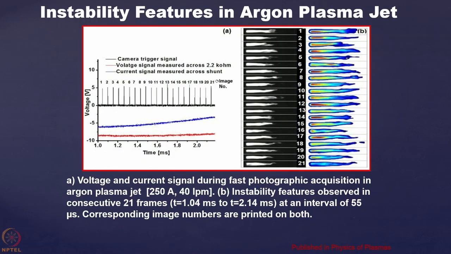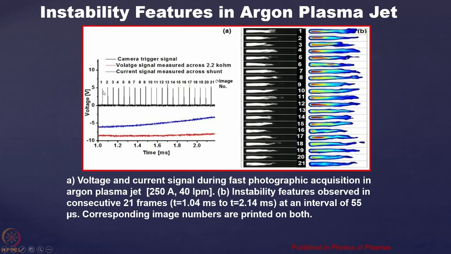Now regarding the kind of instabilities that may happen inside the plasma jet, I have prepared this slide, and these are actual pictures of the plasma jet when it is emanating. I have recorded the images of the plasma jet for a time from 1 millisecond to 2 milliseconds. So this whole record time is only around 1 millisecond, and these spikes you are seeing here are basically the trigger signals.